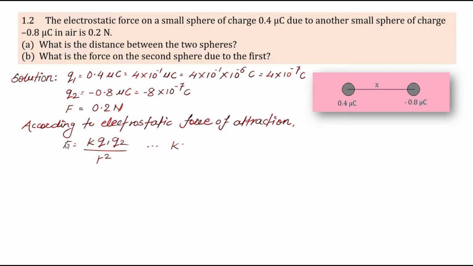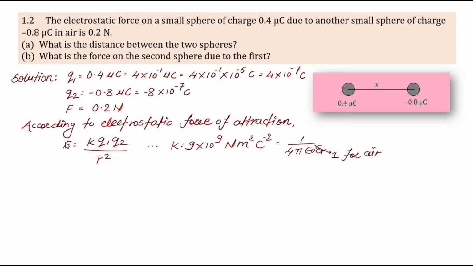Here the value of K is 9 into 10 raised to 9 Newton meter square coulomb raised to minus 2, and that is the value of 1 upon 4 pi epsilon naught epsilon r, as epsilon r is 1 here for air. So for air, we simply take 1 upon 4 pi epsilon naught as the K value, as we already discussed the same case of air as a medium in example 1.1.